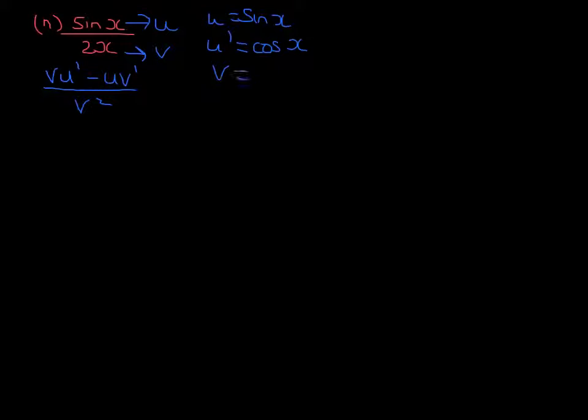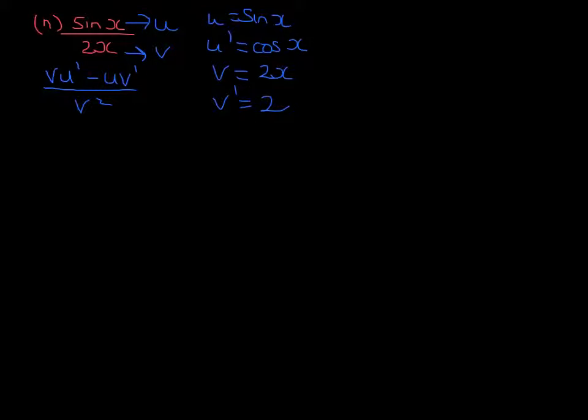Okay, and this is now a quotient rule one, where the numerator is u and the denominator is v. You remember the quotient rule, it's vu dash minus uv dash all over v squared. So let's write down that u equals sine x, u dash equals cos x, v equals 2x, and v dash equals 2.